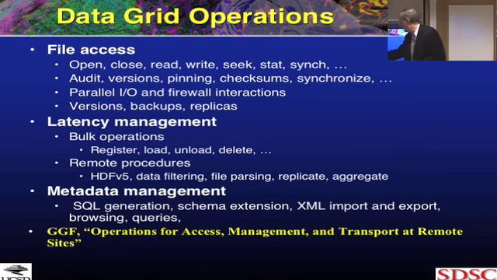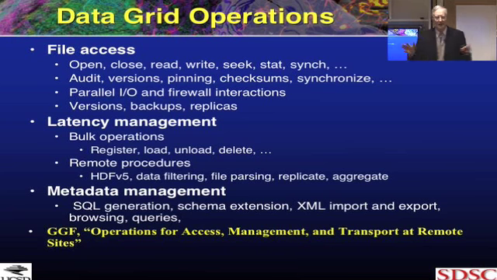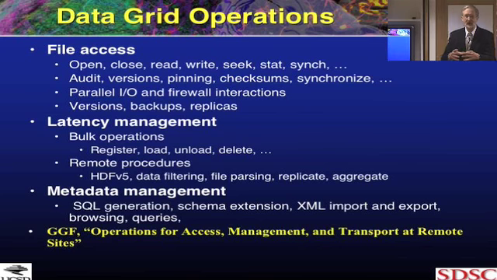So we had to provide mechanisms to aggregate small files. I take 1,000 small files, I pack them together into one large file, send the one large file over the network, simultaneously load all of the associated metadata, the owner, the creation date, etc., for that file in parallel into the metadata catalog. And then we can get performance in the aggregate that's much higher than the performance you would get for an individual file.